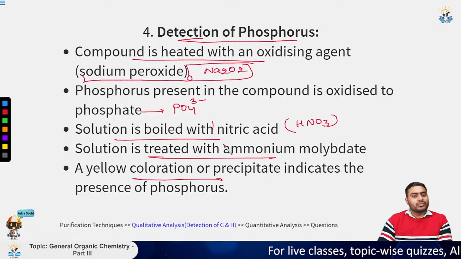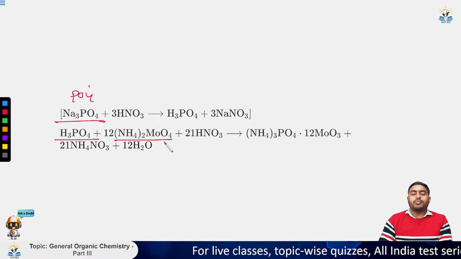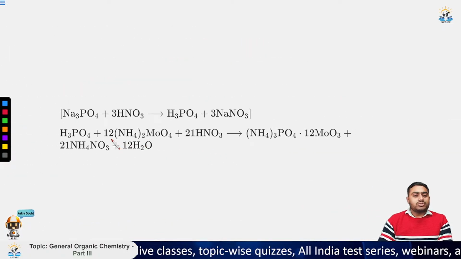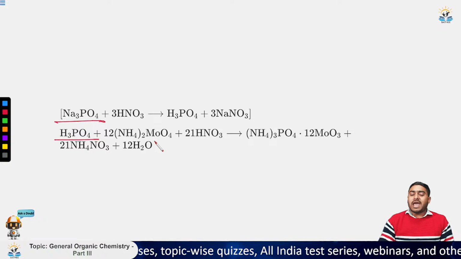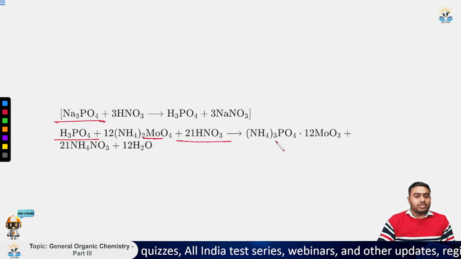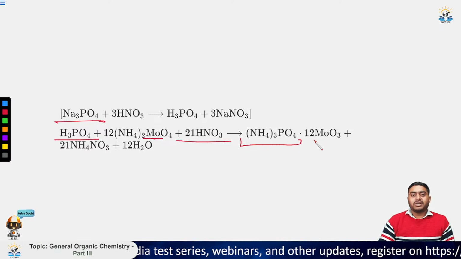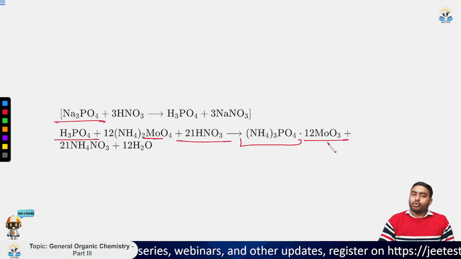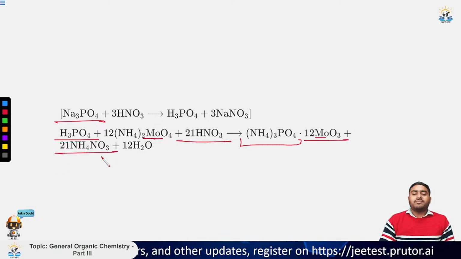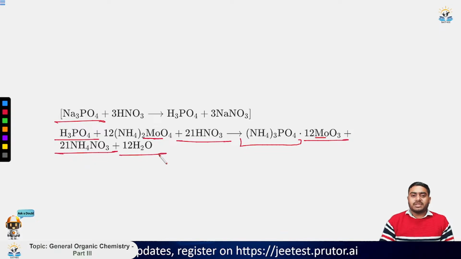Then this H3PO4 reacts with ammonium molybdate: 12(NH4)2MoO4 plus 21 HNO3 gives (NH4)3PO4·12MoO3, ammonium phosphomolybdate, plus 21 NH4NO3 plus 12H2O. So this will be the reaction.